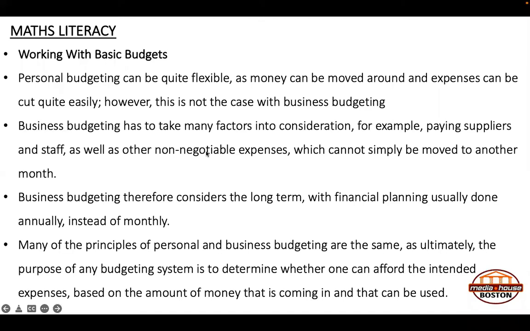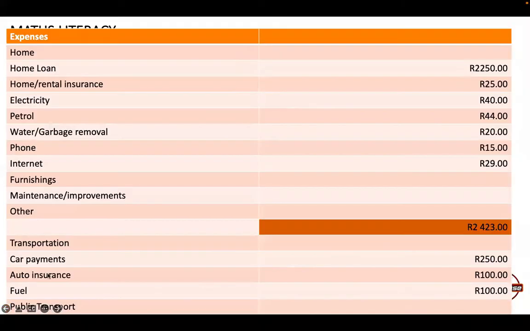So personal budgeting can be quite flexible, as money can be moved around and expenses can be cut quite easily. However, this is not the case with business budgeting. So in your opinion, how would you say business budgeting is different from personal budgeting?